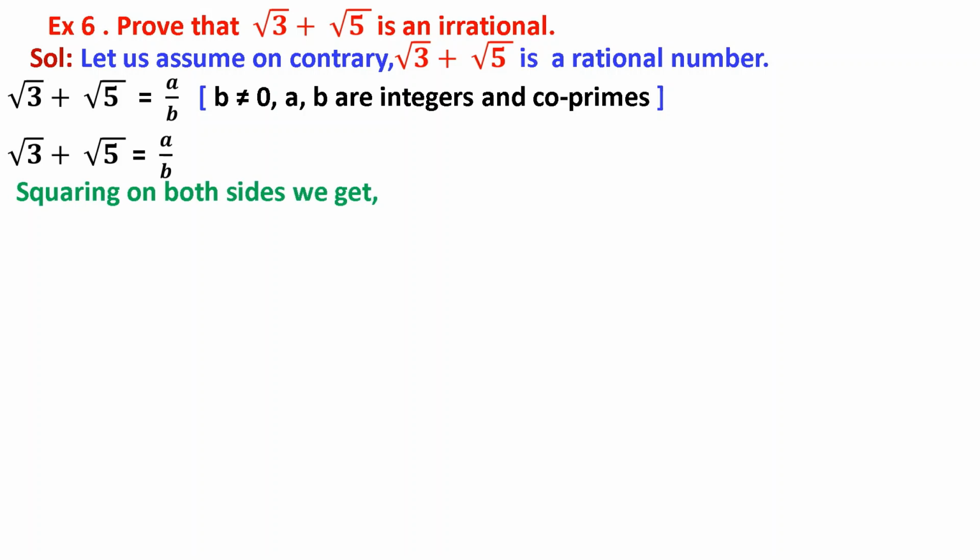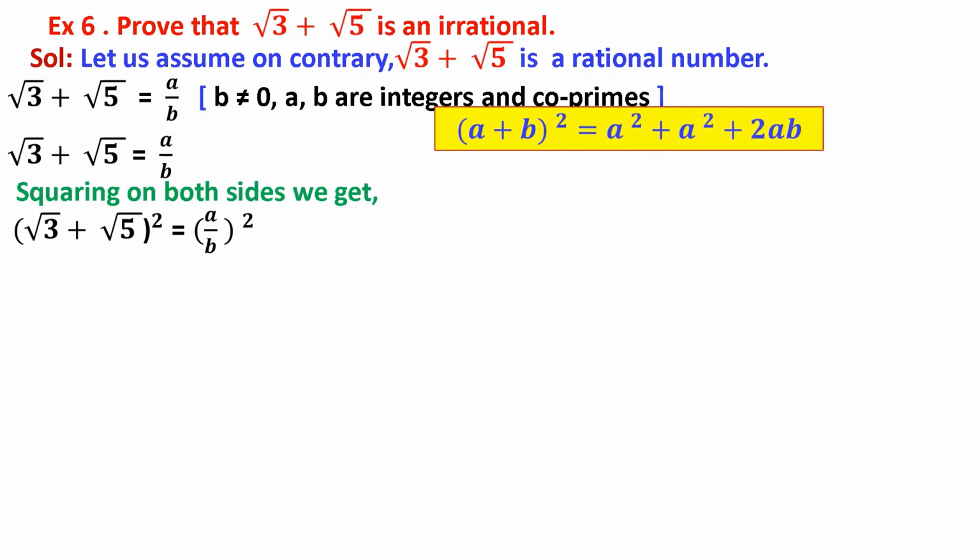Squaring on both sides, we get (root 3 plus root 5) whole square is equal to (a by b) whole square. The left-hand side is in the form (a plus b) whole square. The expansion of (a plus b) whole square is a square plus b square plus 2ab.